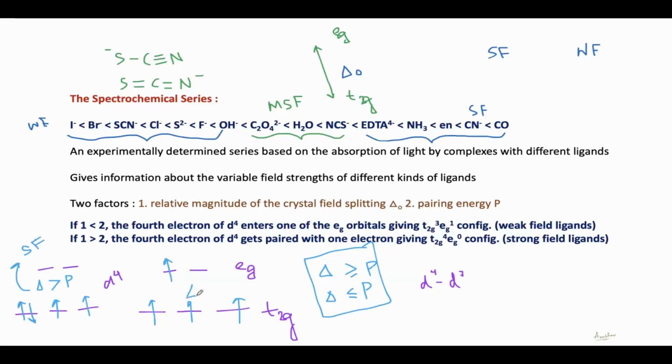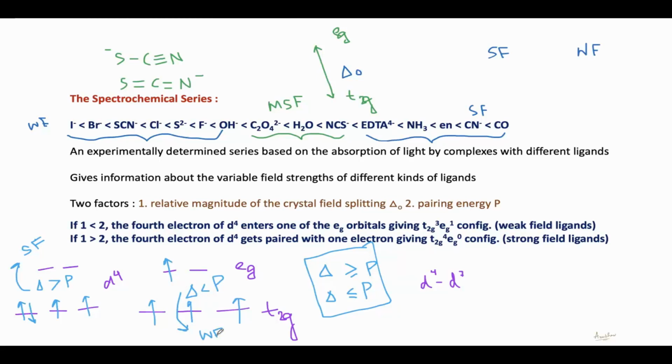And when delta is less than the pairing energy, the fourth electron will not pair up with the present electron because high energy is required to pair up the electron. Since delta is low, the barrier is less, so it is easy for the fourth electron to go to the eg level than to pair with the t2g electron. Delta is less in case of the weak field ligands, which cannot split the t2g and eg more.